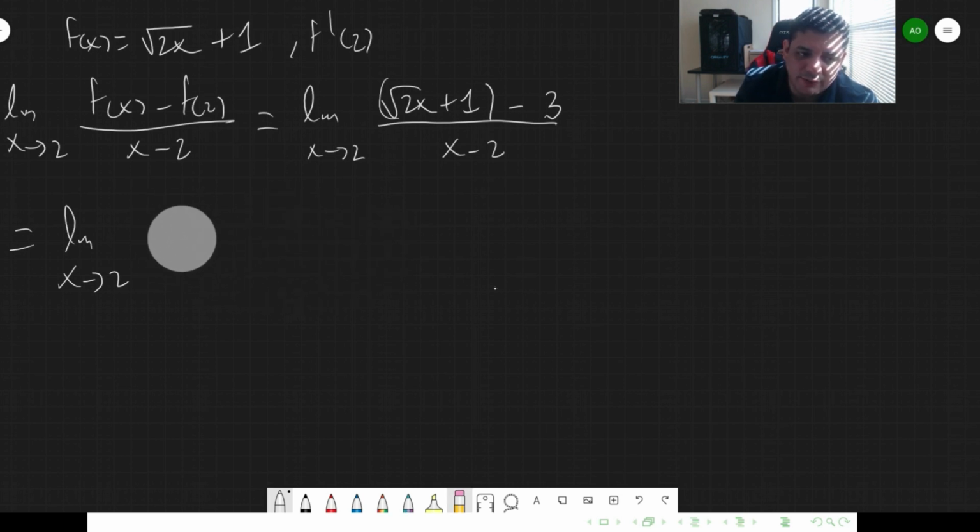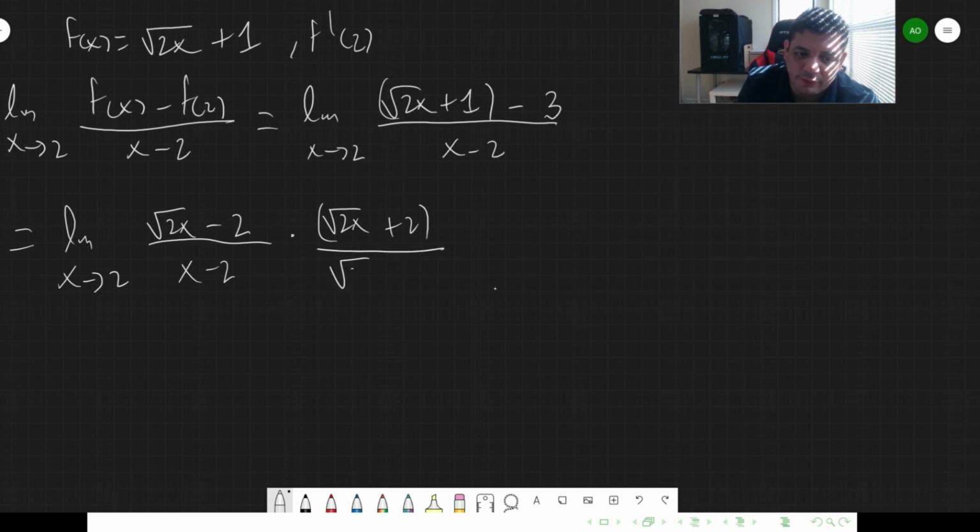So we can just write this as square root of 2x plus 1 minus 3, over x minus 2, in this way. And then what we're going to do is we're going to use a difference of squares situation. So we're going to multiply by (square root of 2x plus 1 plus 3) over (square root of 2x plus 1 plus 3). So we're essentially using the conjugate technique. We'll multiply by 1.